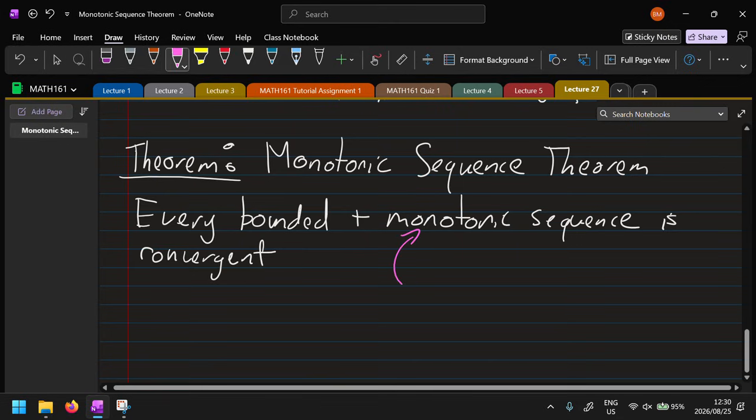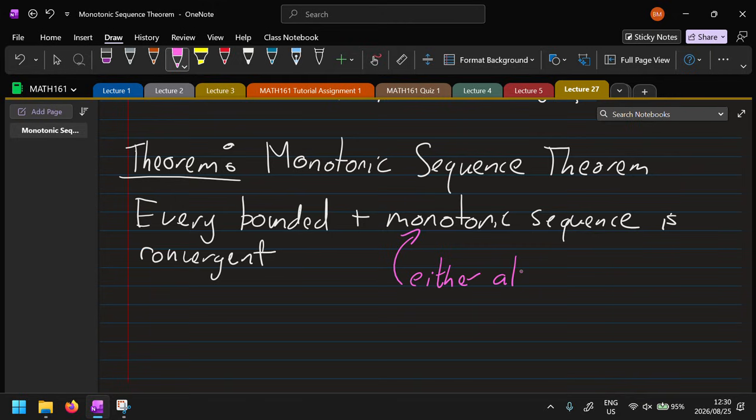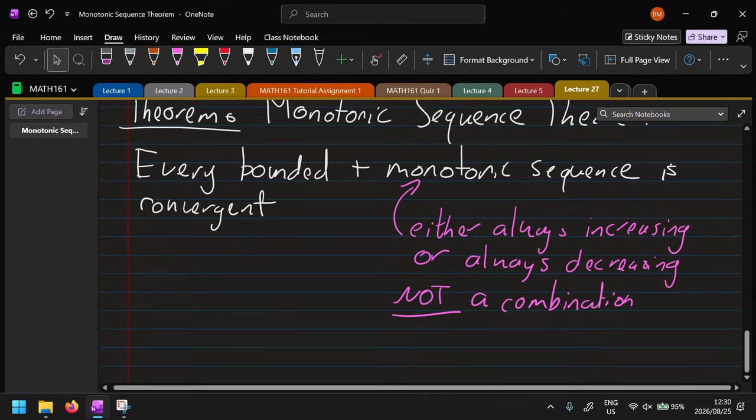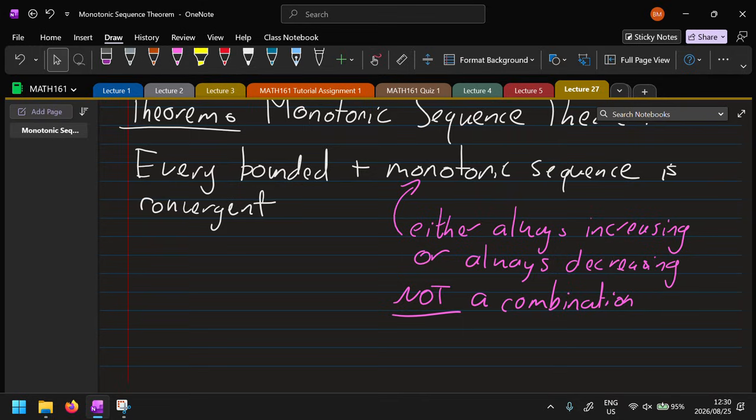So here, mono, meaning one, either always increasing or always decreasing. Not a combination. And we'll see some examples and non-examples of this.